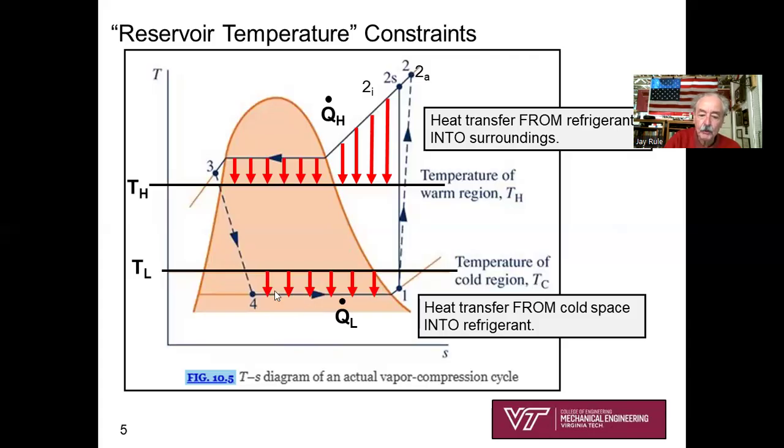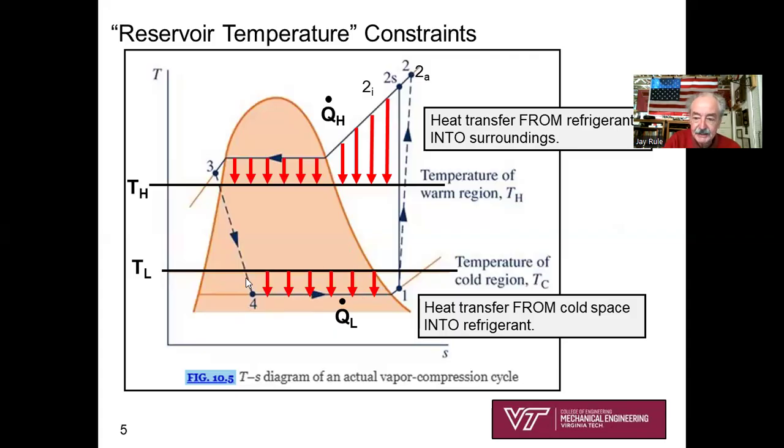Now, it's the same idea, but not quite as dramatic on the low temperature side. We've got the evaporator section, process 4 to 1. The only way we can transfer heat from the cold space, let's say the freezer part of your refrigerator, is to transfer heat from the cold space into the evaporator. So that means the refrigerant in the evaporator has got to be colder than your freezer.